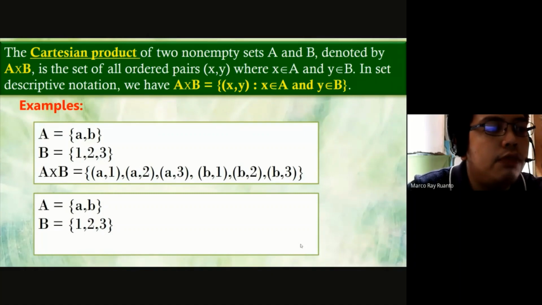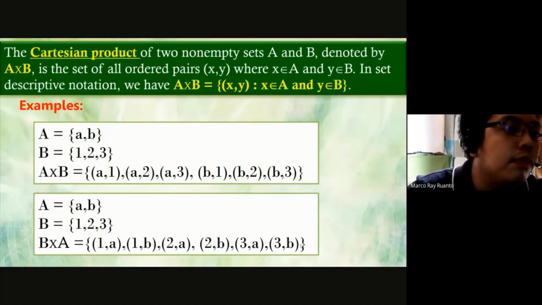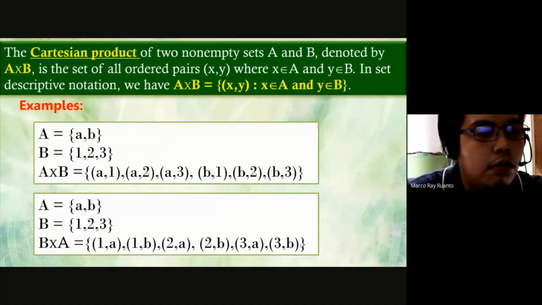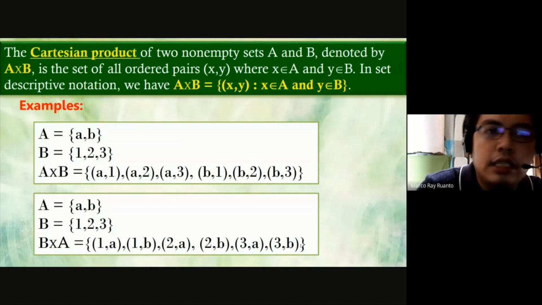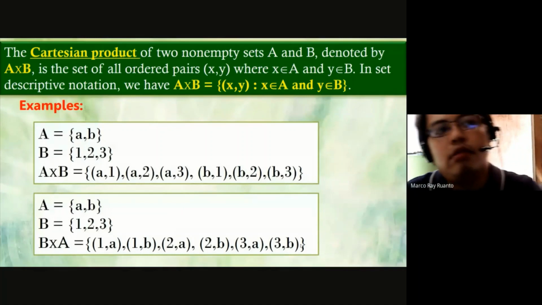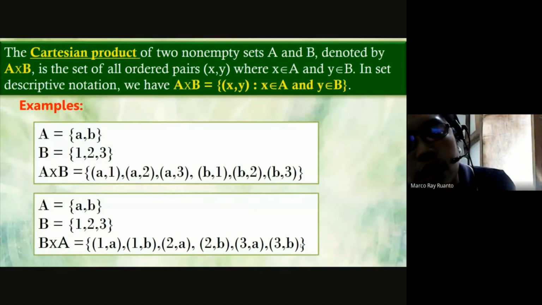Given the same sets, B times A is (1,a), (1,b), (2,a), (2,b), (3,a), (3,b).